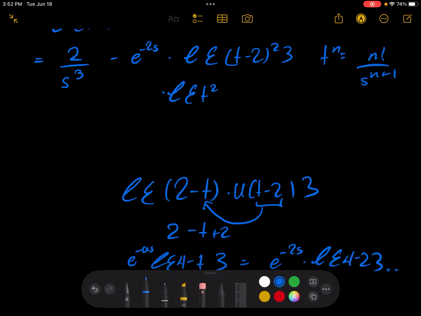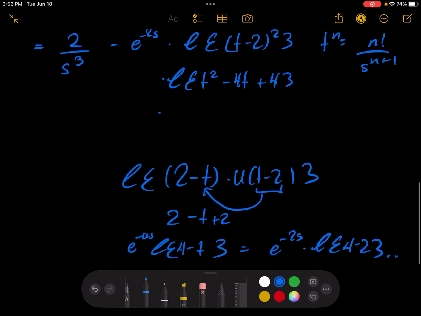So in this case, you'll get square the first, double the product of the two, and then square the last. And if we do this, we'll get 2 over s cubed minus 4 over s squared plus 4 over s.